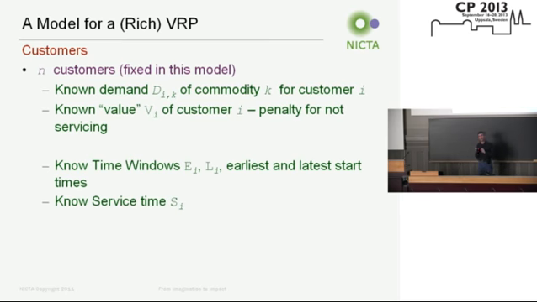And we're going to introduce this concept of a value for a customer right from the very start. So this is how much do I suffer if I don't visit this customer? I'm going to call that VI. And if I'm in a time window type problem, as I usually am, then I know the earliest time and the latest time for arrival.